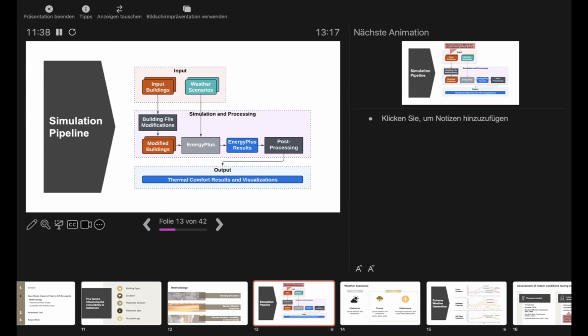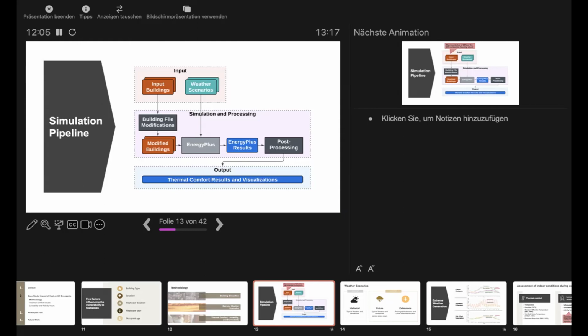So how, for example, air moves through the building or heat transfers within the building, it calculates some outputs of how the indoor conditions in the building are. It gives us hourly values for the whole year, for example, indoor temperature, humidity, and so on. And these Energy Plus outputs, we then post-process to give us our final thermal comfort outputs and also some visualizations.